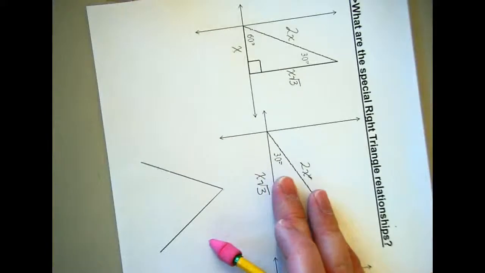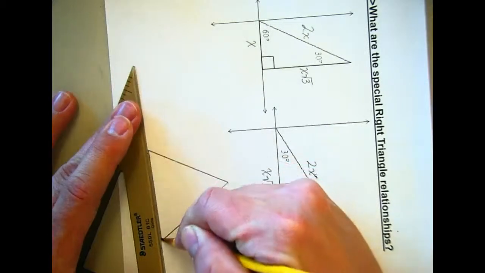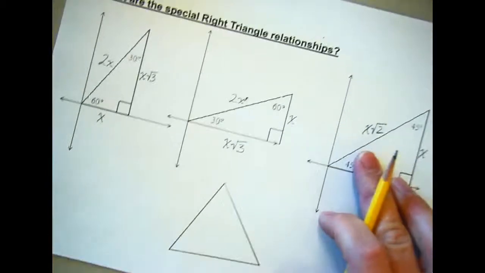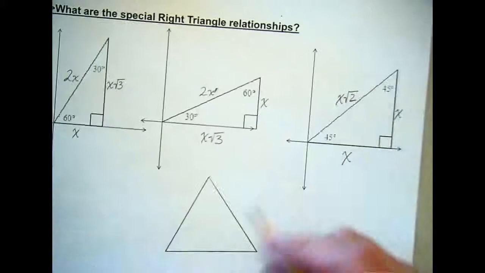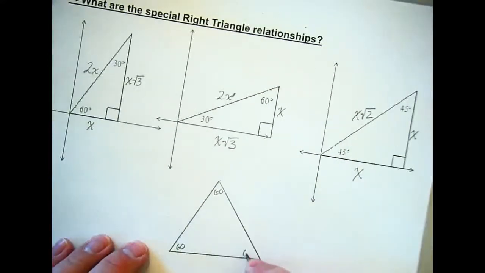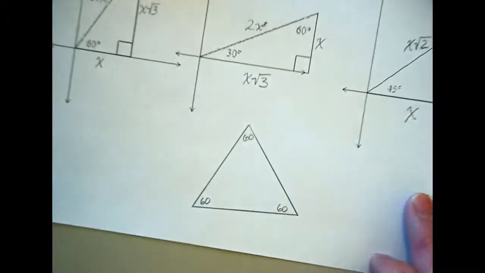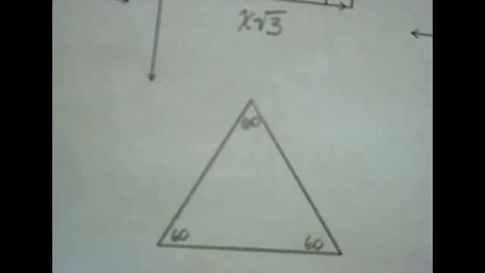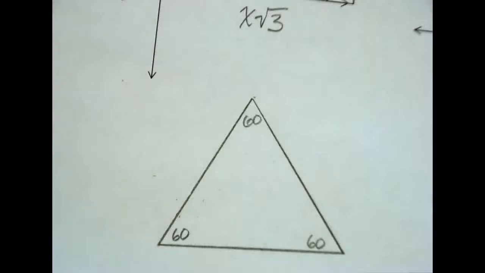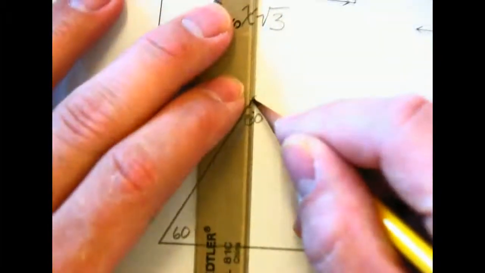an equilateral triangle. That's not a great equilateral, but for a sketch, we'll call this 60, that's 60, and that's 60. If we zoom in on that equilateral triangle and I break this in half, I drop an altitude here.